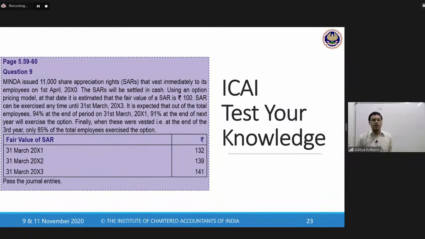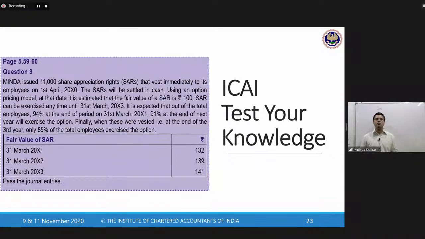Now, it is expected that out of the total employees, 94% at the end of the period on 31st March X1, 91% at the end of the next year will exercise the option. So first year you think 94% will take, second year you think 91% will take. Finally, when these were vested, that is at the end of the third year, only 85% of the total employees exercised the option.